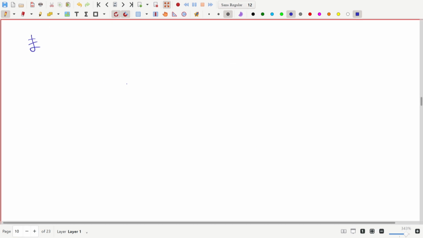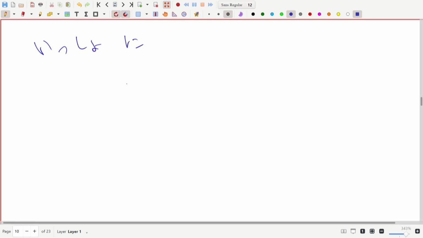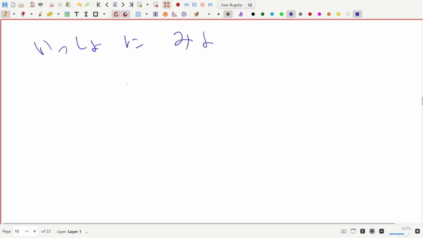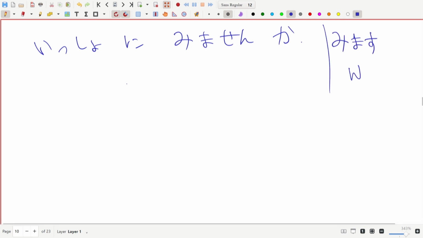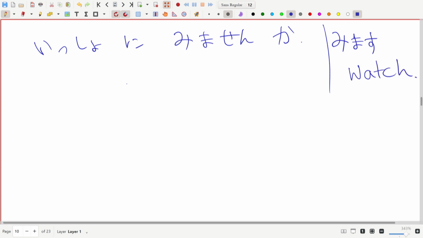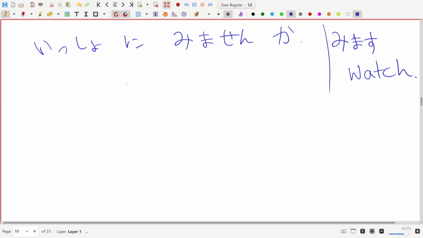Or won't you watch? If you want to watch a movie, "Issho ni mimasen ka?" Suppose you want to say, won't you come to watch a movie together? "Issho ni mimasen ka?" Mimas is to watch. Then your reply could be "Hai, mimasho."